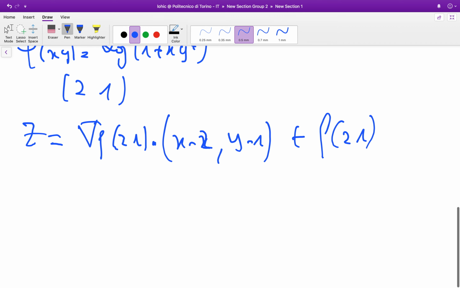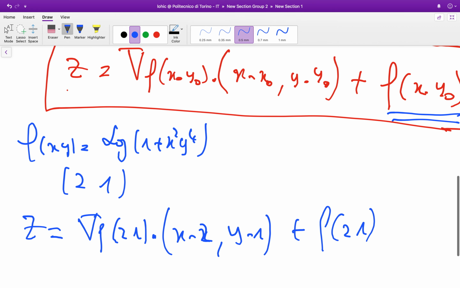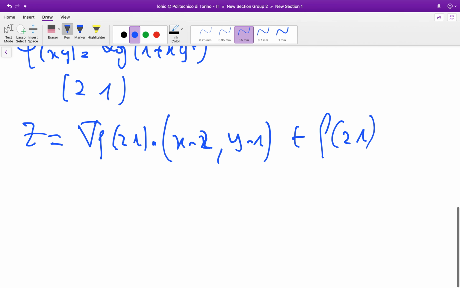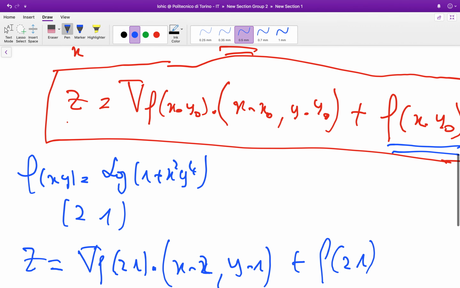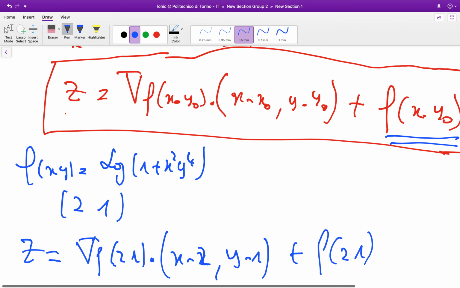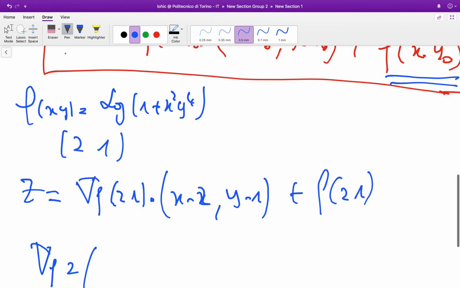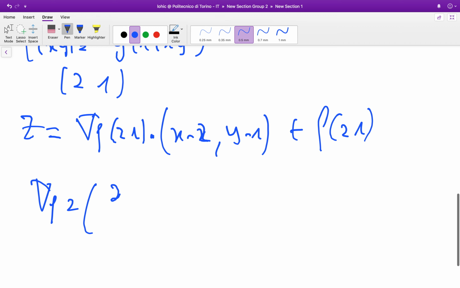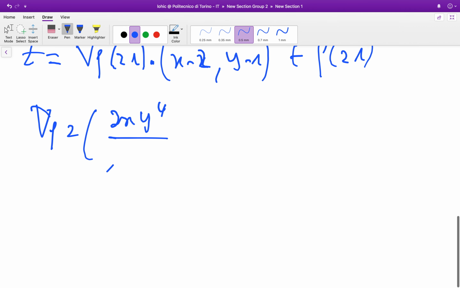So I need to find the gradient at the point 2, 1. First of all, let's find the gradient of f. I need the derivative with respect to x. I hope you can easily see that the derivative with respect to x is 2x y to the power 4 divided by 1 plus x squared y to the power 4.